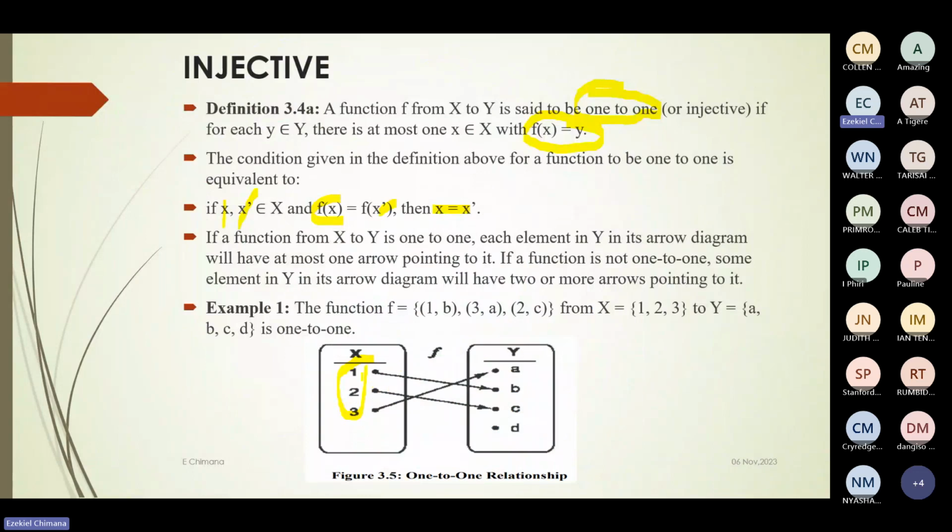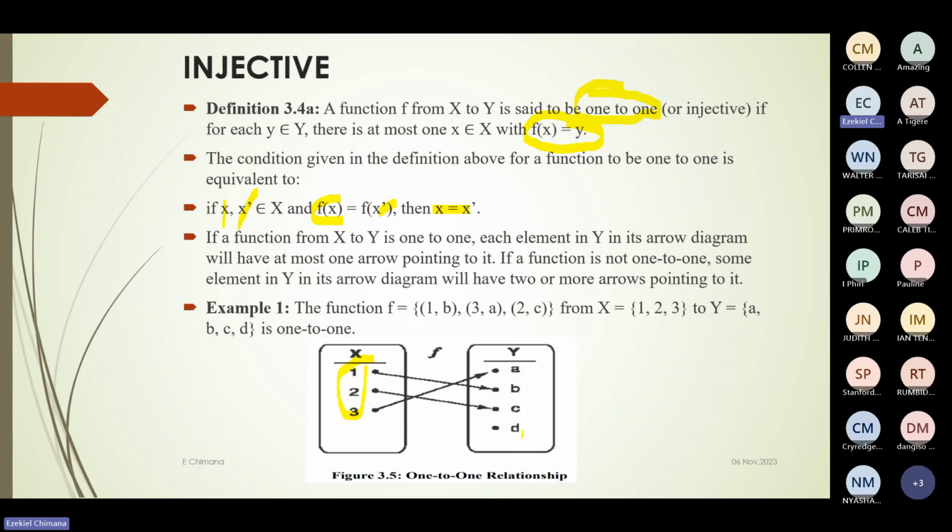For every value that we have here in our X, those values are giving us a value in our range, and it's a single value. So there is at most one x in X with f of x equal to y. That's what a one-to-one function looks like.